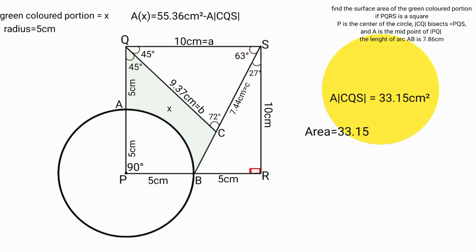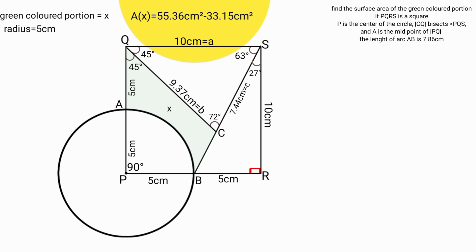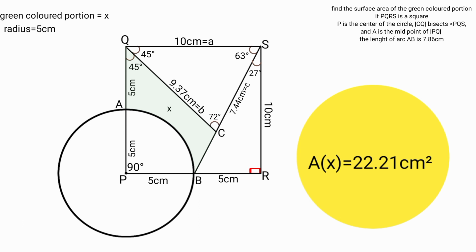So area of CQS equals 33.15 centimeters squared. Go ahead and substitute it here. Area of X equals 55.36 centimeters squared minus 33.15 centimeters squared, which equals 22.21 centimeters squared. So area of X equals 22.21 centimeters squared.